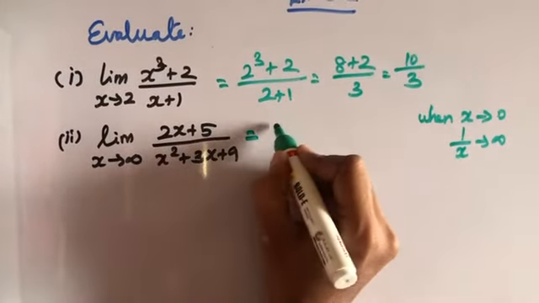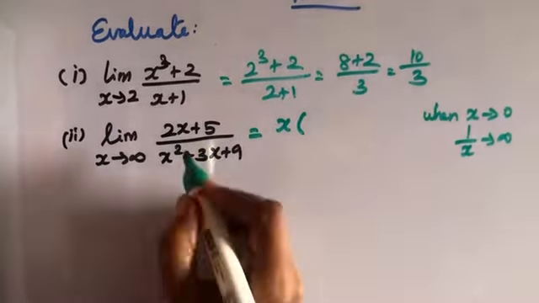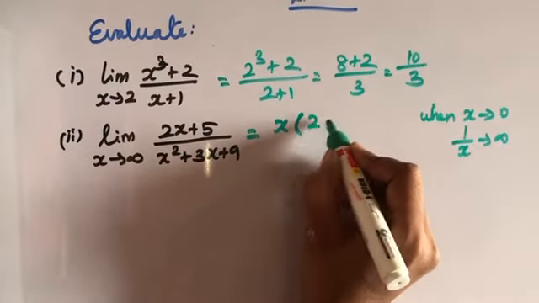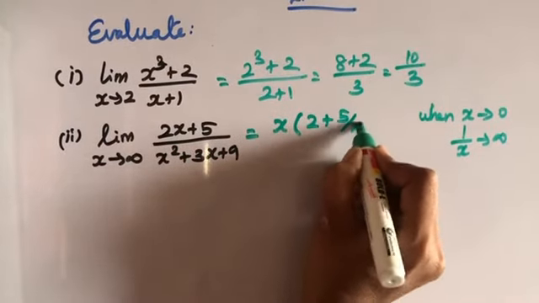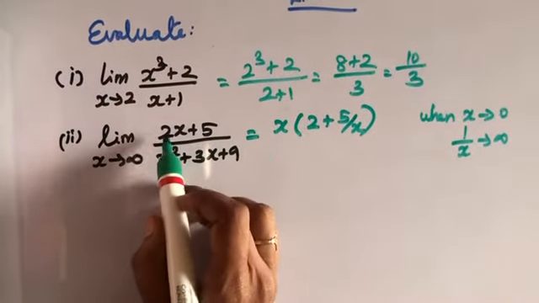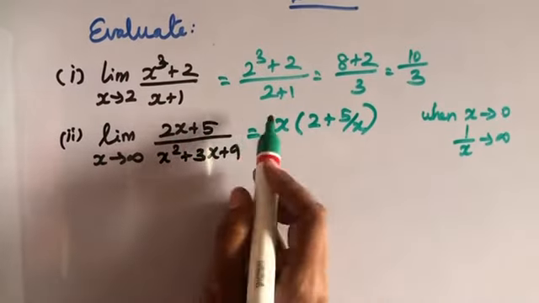So, we have to take x out from the first expression, that is 2x plus 5. If I take x outside, then it will become 2 plus 5 by x, isn't it? While taking x outside, we have to divide the terms by x. So, x into 2 plus 5 by x.